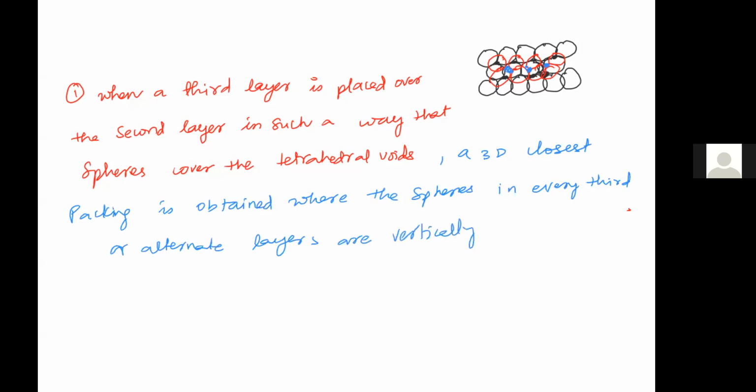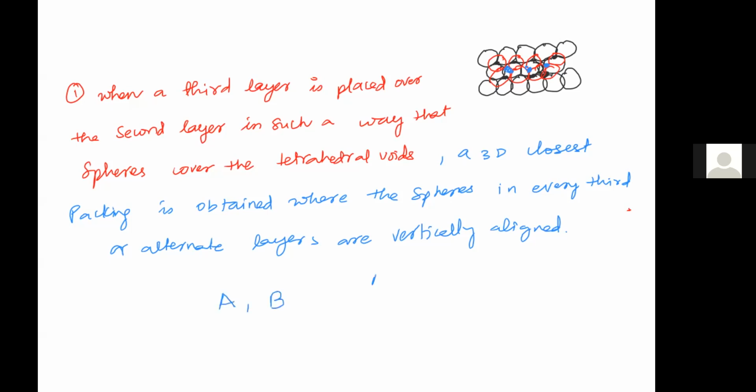They are vertically aligned means what? That means the third layer is directly above the first, the fourth layer is above the second layer, and so on. That means you have a layer first, second layer is B.